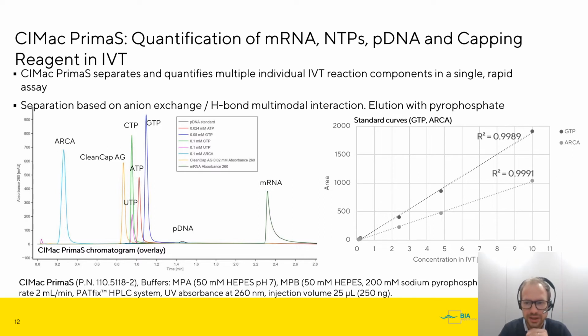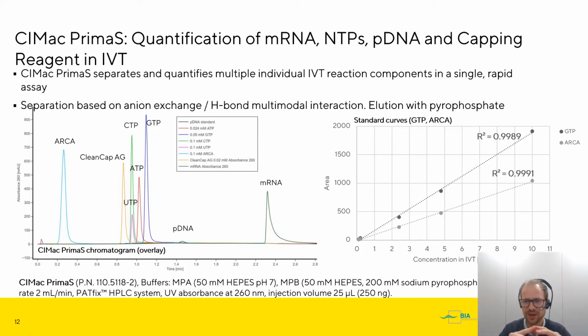As mentioned earlier, this column chemistry achieves separation between mRNA and plasmid, as well as nucleotides and capping reagent, and does that under typical monolith chromatography conditions, namely high flow rates, which equates to a short analytical runtime.